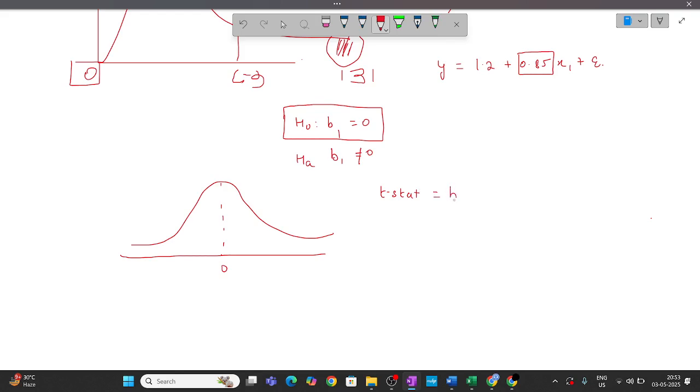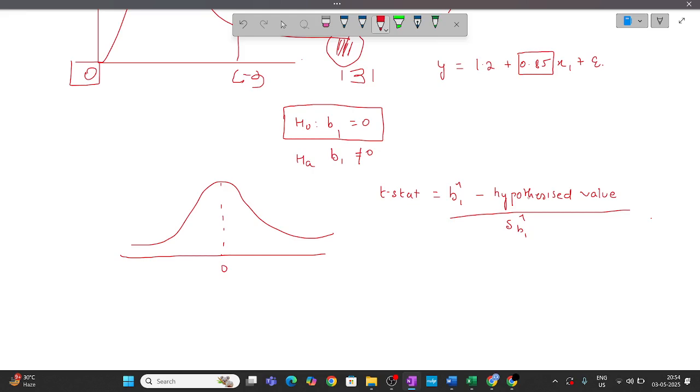It was beta 1 minus the hypothesized value, divided by the standard error of beta 1, right? This is how we calculate the standardized value of the test statistic. This is how we calculated the t stat.